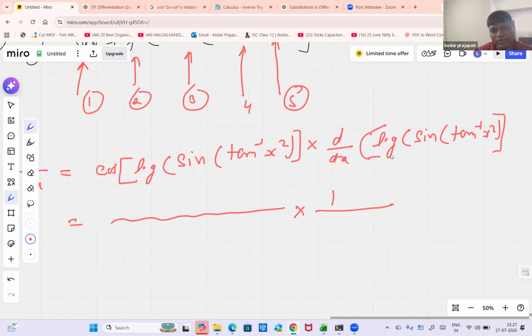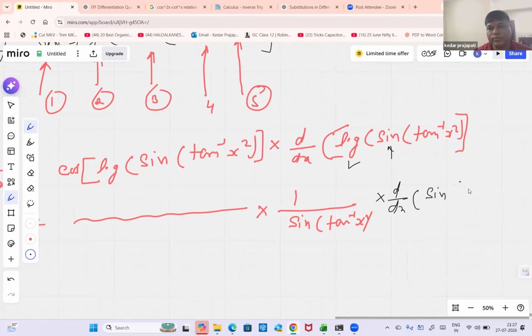So this will become 1 by sine into tan inverse x square. So now we have done until here. So this one is remaining. So what will you do? d by dx of sine into tan inverse x square.